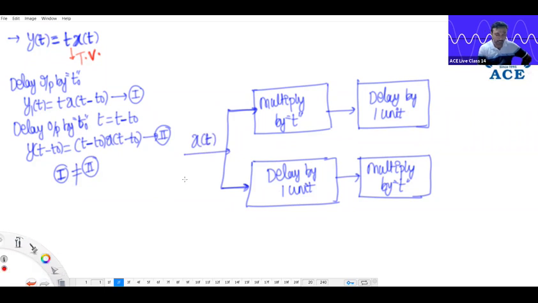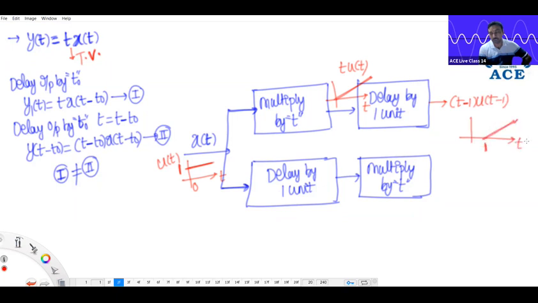Suppose we apply a unit step function as input, u of t. The output graph becomes t u of t. Delay by 1 unit means t minus 1 into u of t minus 1, so it extends from 1 to infinity.